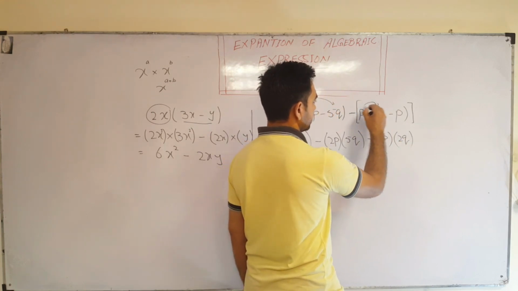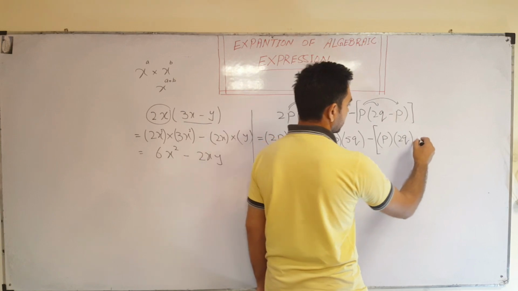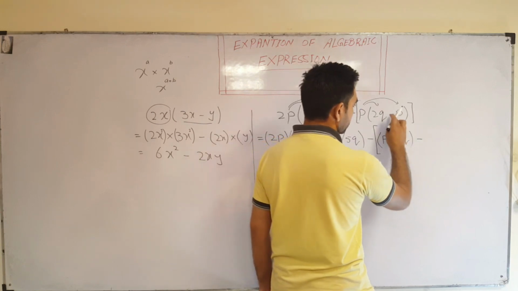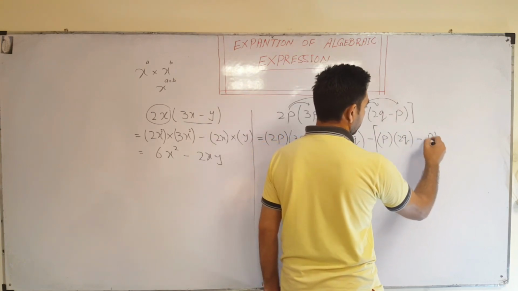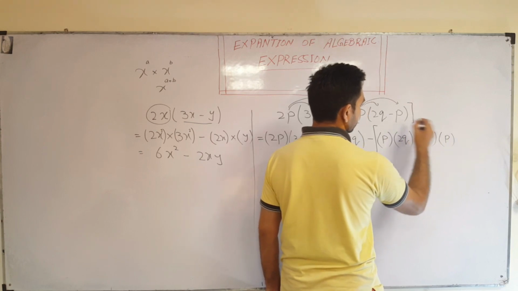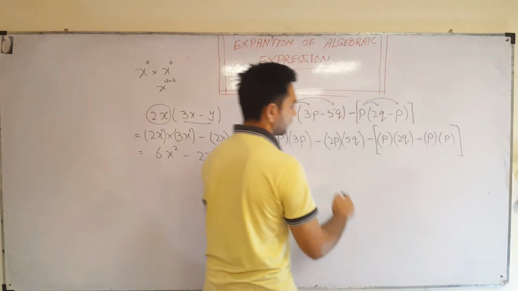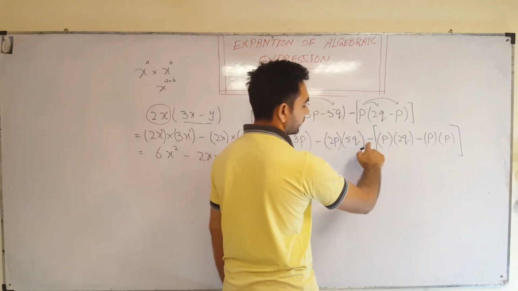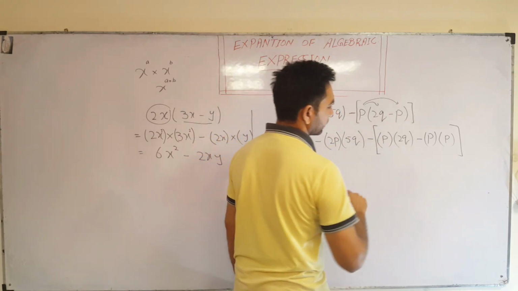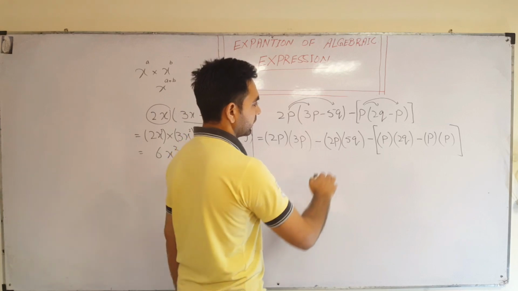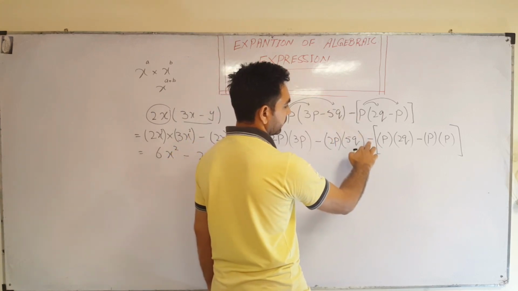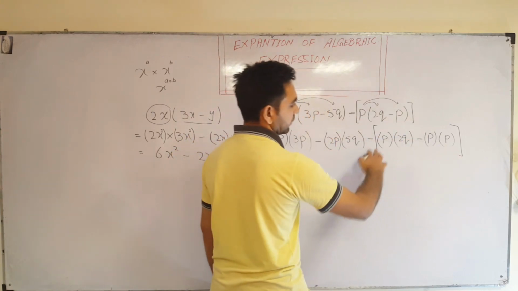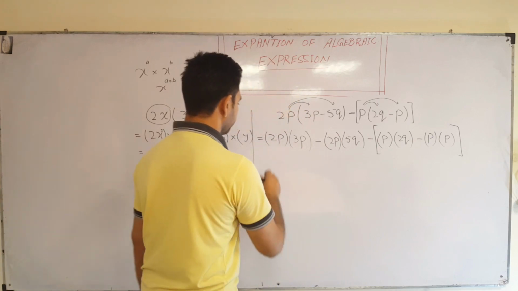So p into this and p into this. Then a minus, this minus here, and then a p into that p. This minus matters a lot, because if you write it down straight away, you might make mistakes in the signs. So what I did is take it out so that at the end we can apply it.